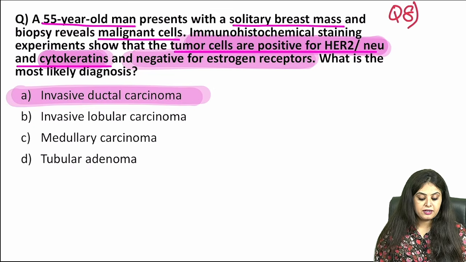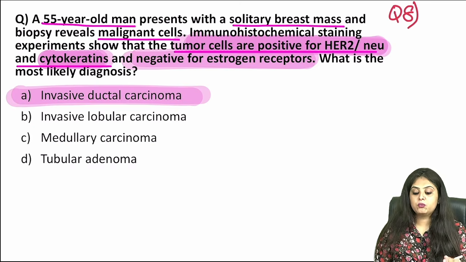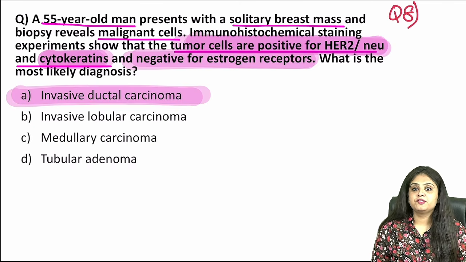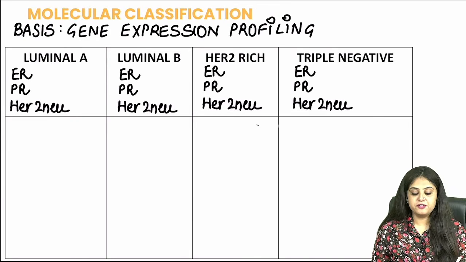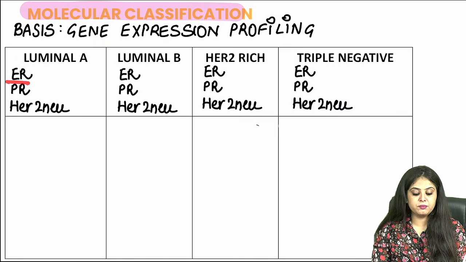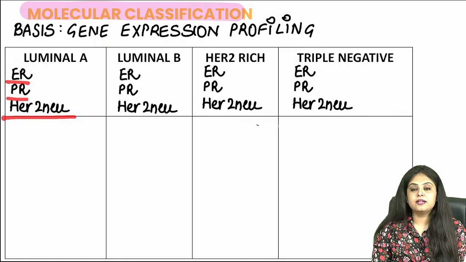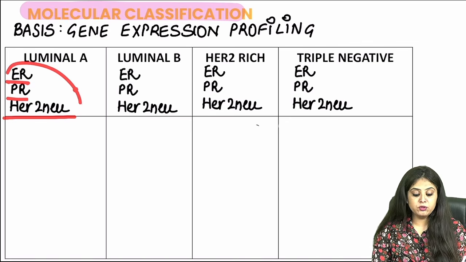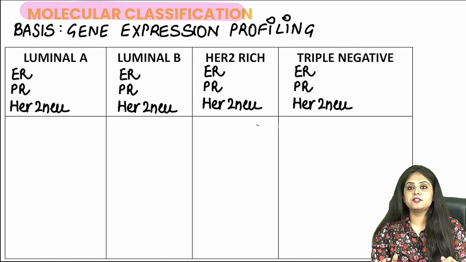But now what I further have to see is what this immunohistochemical staining is. For immunohistochemistry, we follow a molecular classification in breast cancer, although the use that I'm doing over here is of three things: ER for estrogen receptor, PR for progesterone receptor, and HER2/neu of course is another marker. So I'm using immunohistochemistry, but this classification basically was not based on immunohistochemistry.